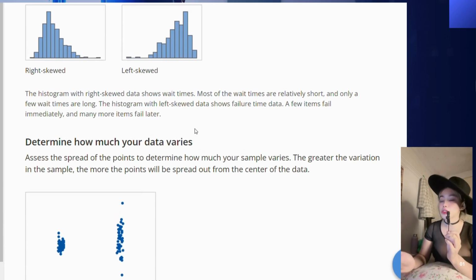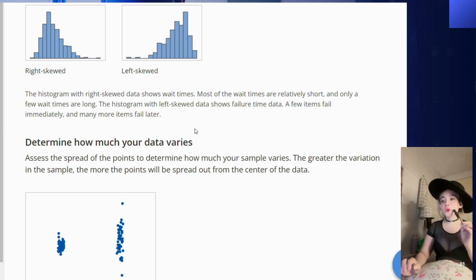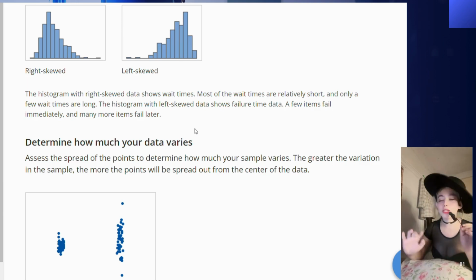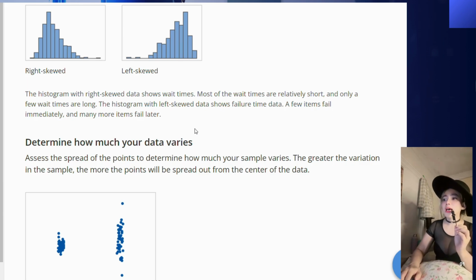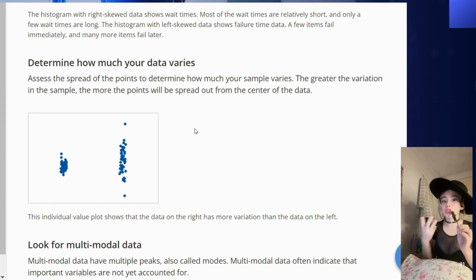So there is an element of time in here, guys. The histogram with left skewed data shows failure time data. A few items fail immediately and many more items fail later. Determine how much your data varies. So data varies, and it depends on what type of study you're doing.